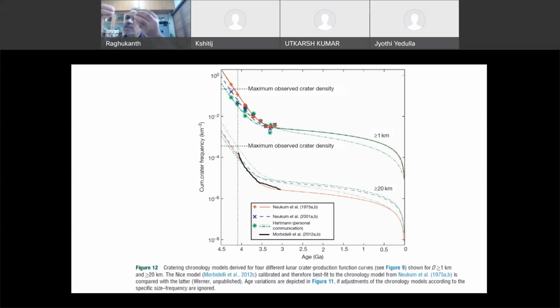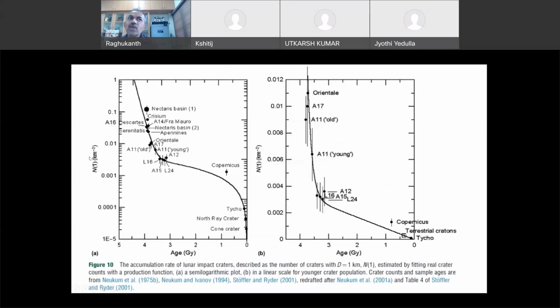Or you fit this Neukum's fit to your data, and you find out A naught basically. Anyway, A naught is your N of 1 only. If you know N of 1, you plot where it is on this graph, both are the same only. Then you can easily find out the age, whether the geological surface is young or old.